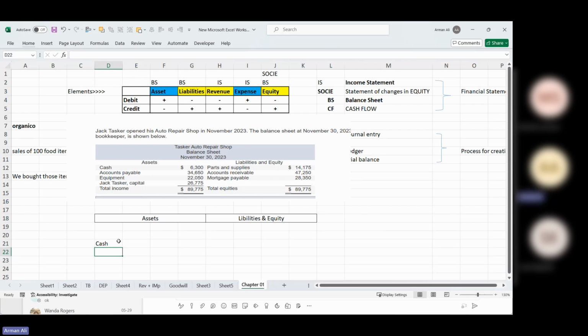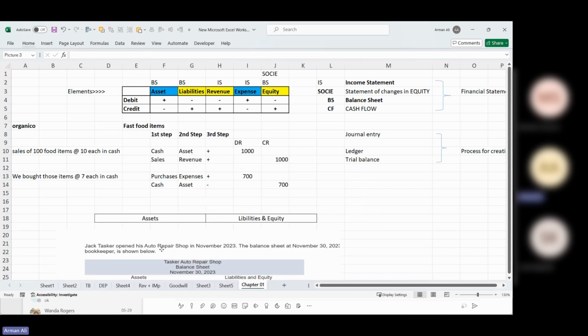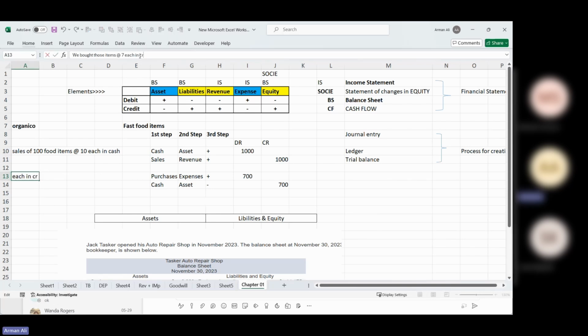Accounts payable is the next one. So what's happening in accounts payable? Payable, as the name suggests, is something you have to pay to someone. It's not your money. It's something that you owe to someone. For example, these items that we bought on cash, if I were to change it and say on credit, which means buying something on credit, like using your credit card, you haven't actually paid out of your cash.